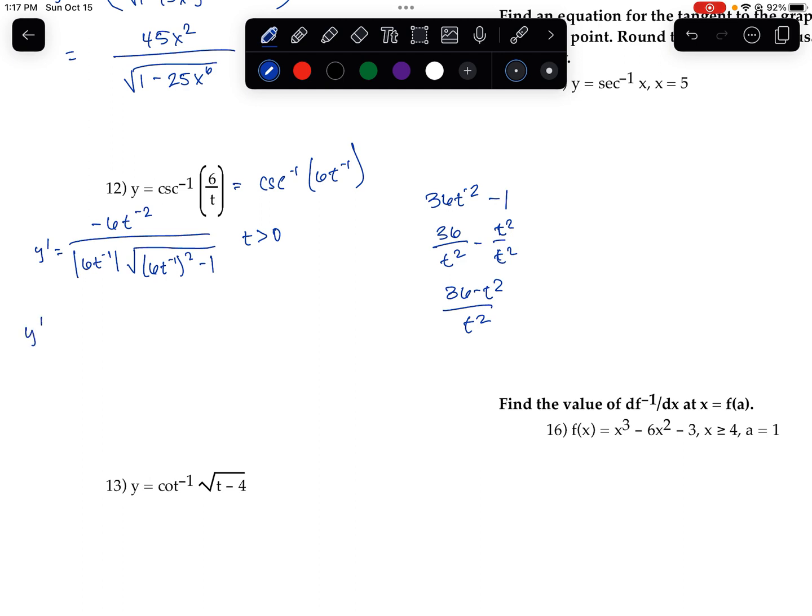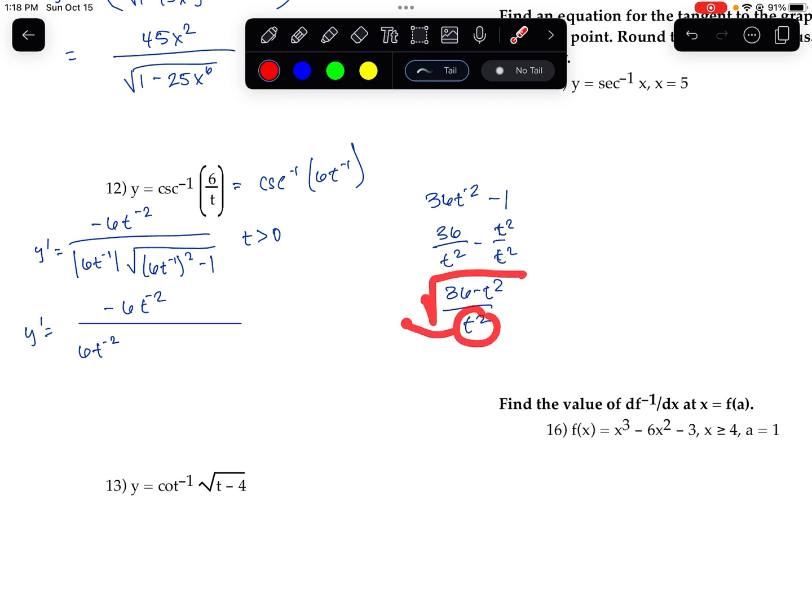So again, if I take everything that I just simplified, I have negative 6t to the negative 2, there we go. And then we would have 6t to the negative 2 again. The reason, one more time, is that this is all under a square root, and I could take the square root of that.